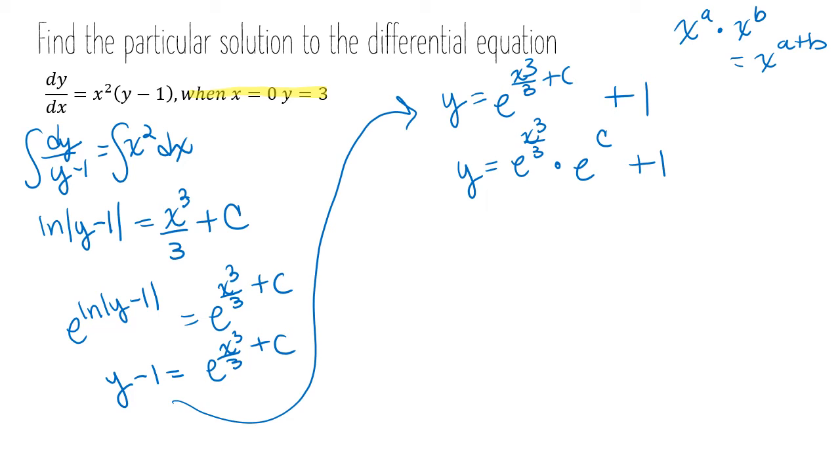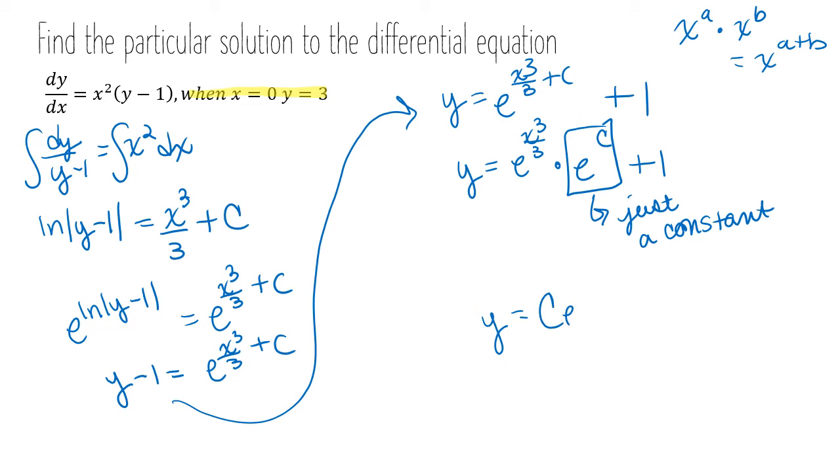But e to the c is just a constant itself, because e raised to any constant is still going to be a constant. So I can rewrite this as y equals a constant times e to the x cubed over 3 plus 1. And then I have this initial condition: when x equals 0, y equals 3.